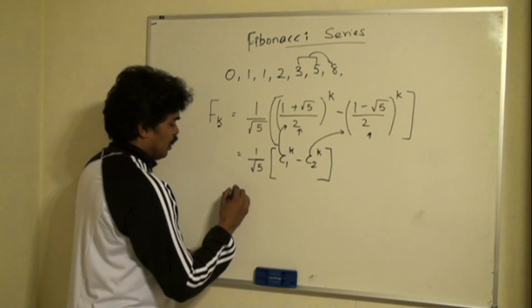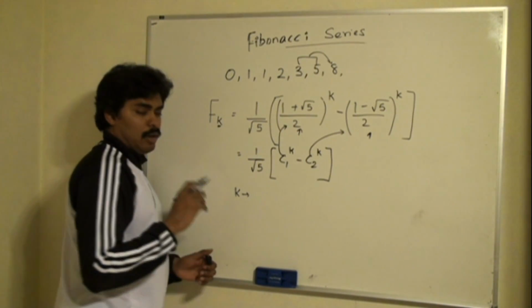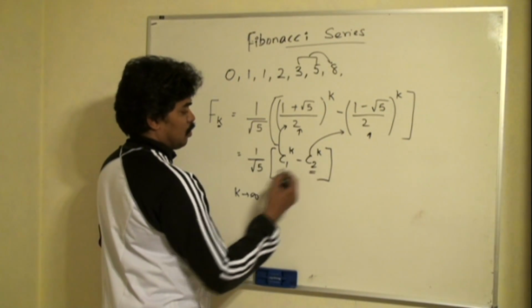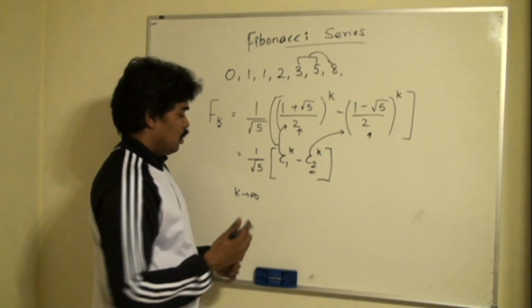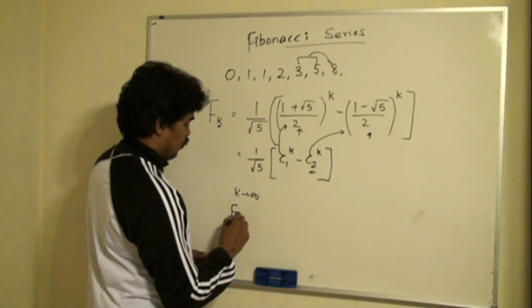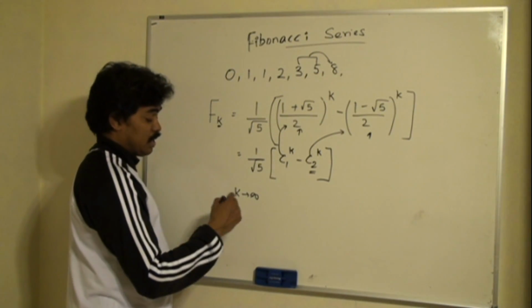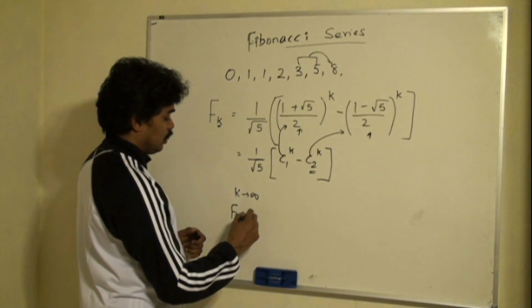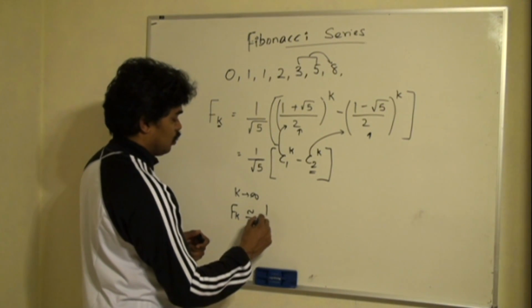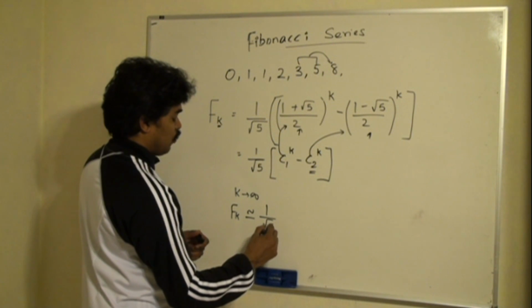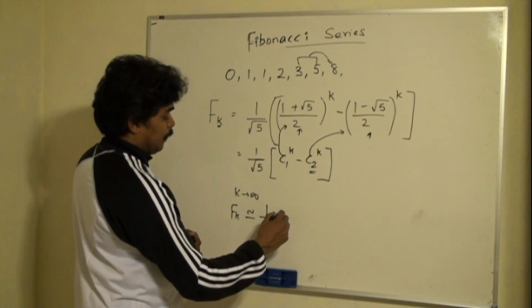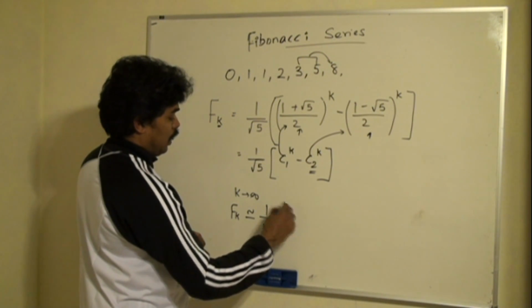And when k becomes very large, when k goes to infinity, this number is going to be very small. So if k is very large, the kth element of the Fibonacci series is approximately equal to 1 by square root of phi times C1 to the power k.